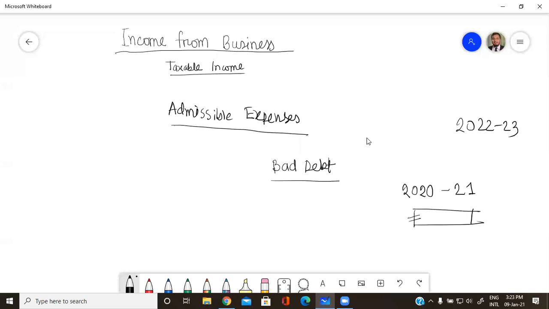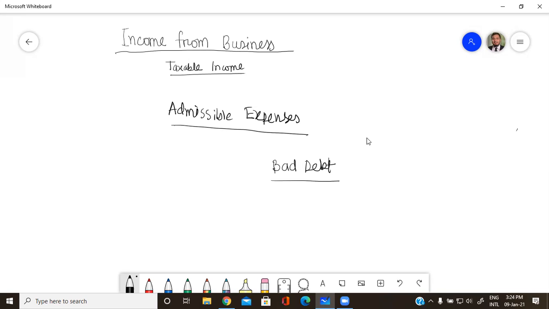Though this bad debt is attributable to this year, what can you do? You can show the bad debt in the year in which you have recognized it. The recognition deferred because in this year you had a belief that it will be recoverable. But when this year closed and you submitted your return, later you realize that it will be considered as bad debt, but it has already been closed. So what can you do? You can take the bad debt attributable to the particular income year to the following income years. Okay, there is no restriction on that.